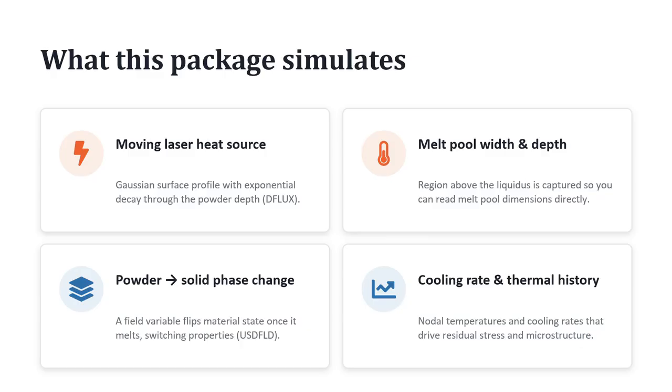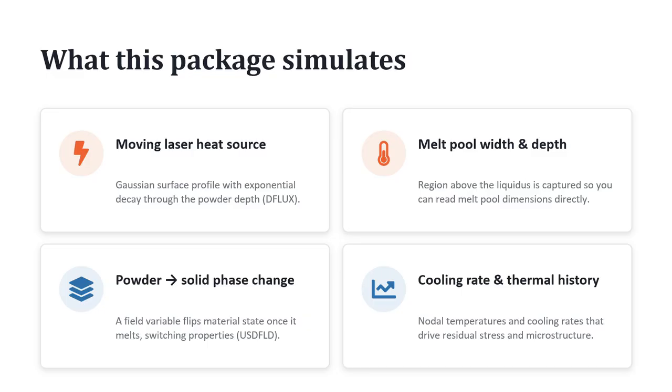So what does this package actually simulate? First, the moving laser heat source, a Gaussian profile on the surface with exponential decay through the powder depth, coded in DFLUX. Second, melt pool width and depth. The region above the liquidus is captured, so you can read the melt pool dimensions directly.